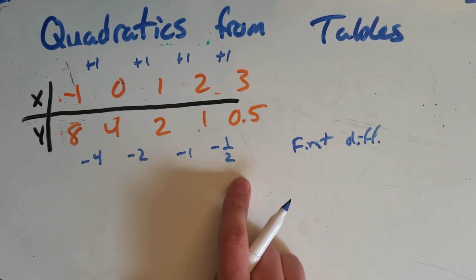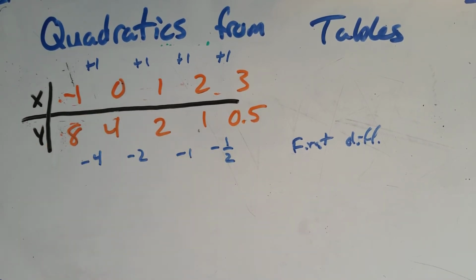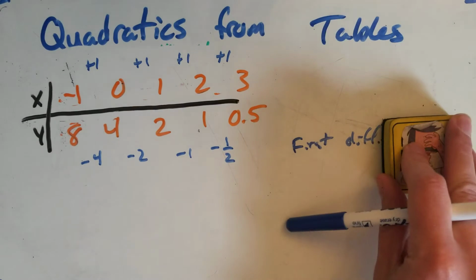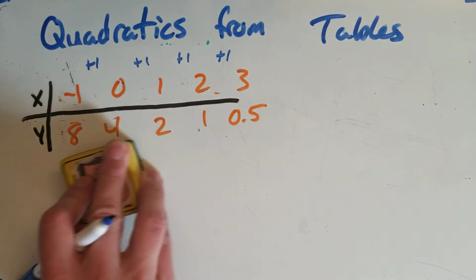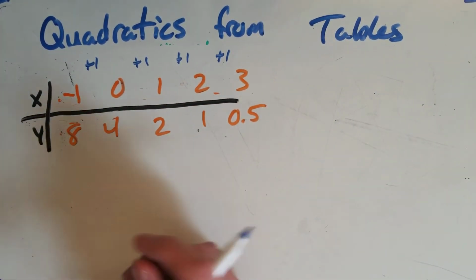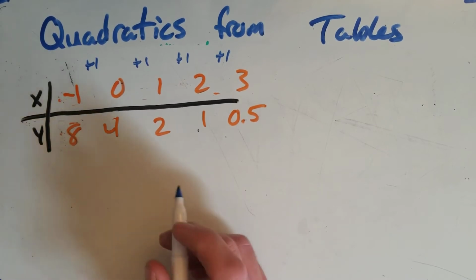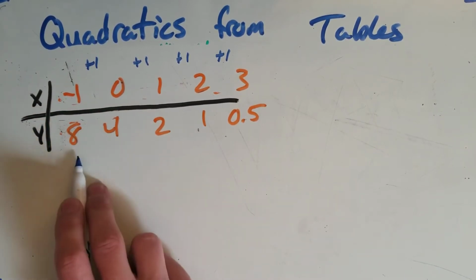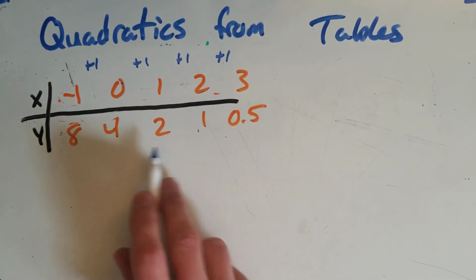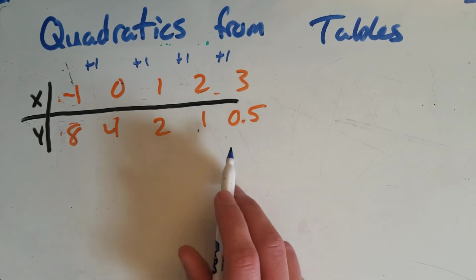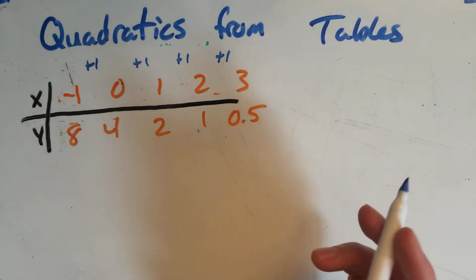Now we're going to want to go through some other steps here to figure out if something is a quadratic or not. For this one, the first thing we should look at before we look at something called the second difference is: is there a pattern? There was no pattern of adding or subtracting here. Is there a pattern of multiplying by something?